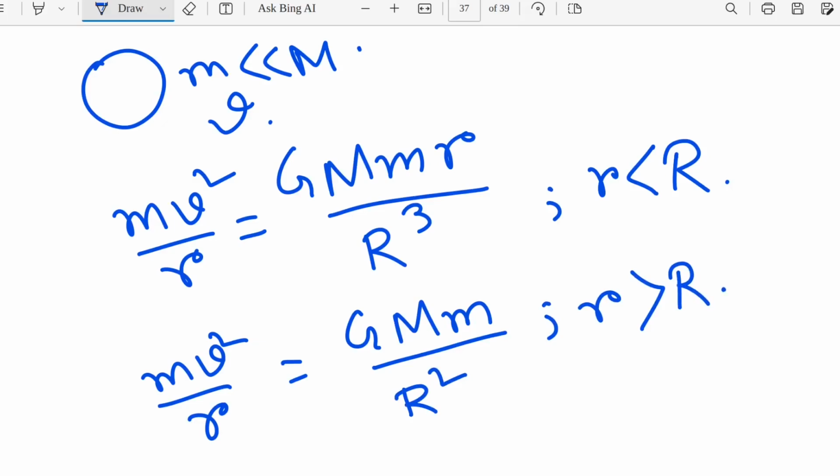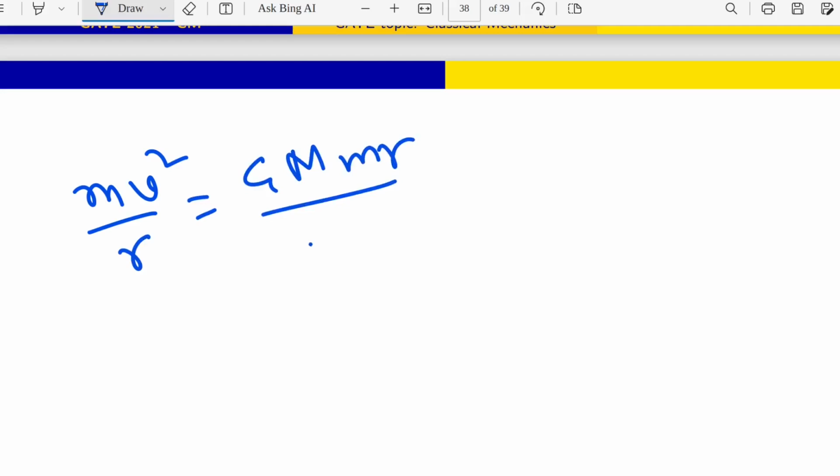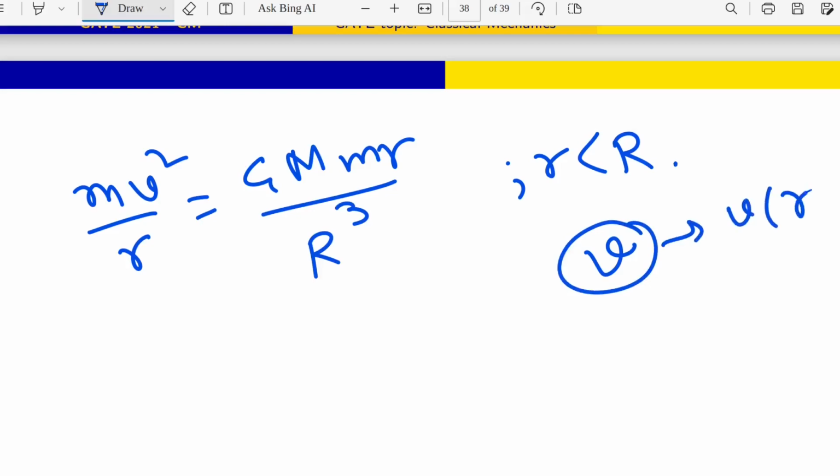One will be r less than R, one will be r greater than R. So now, as we got one expression for this v and r, from that expression we can definitely tell what will be the expression of v in terms of r, right?